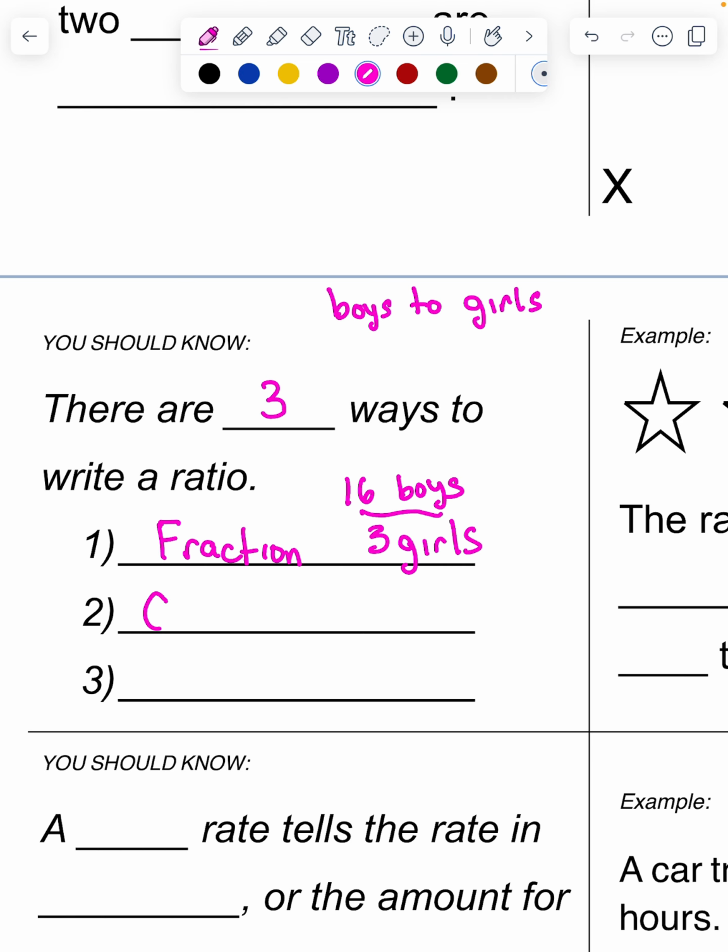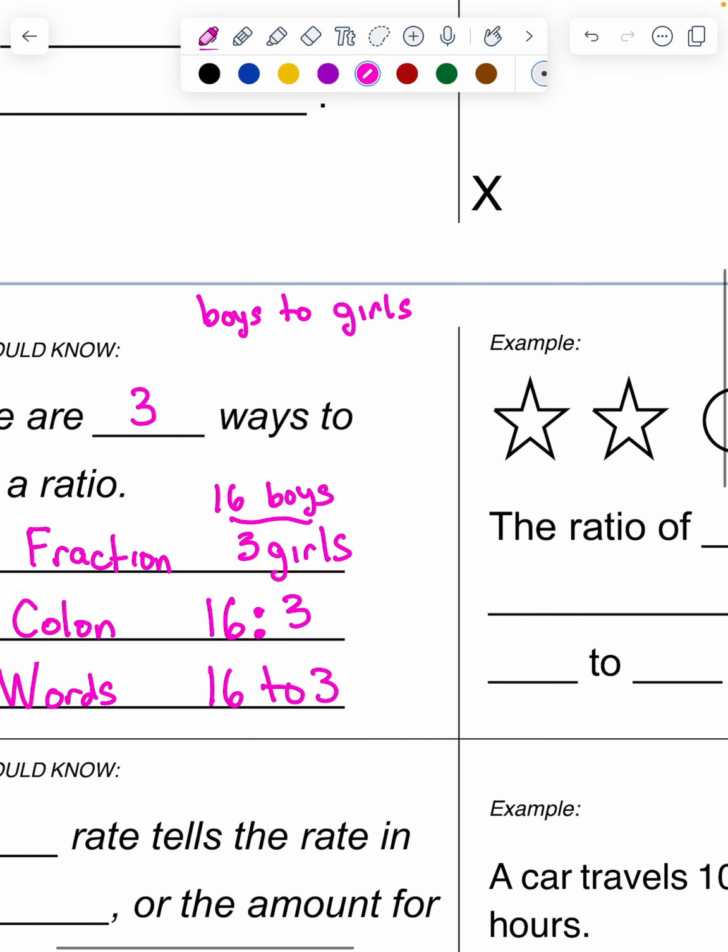I can also write the ratio with a colon, 16 to 3. And I can write it in words, 16 to 3. When you are writing it as a fraction and you are working with this unit, please be sure to take care of the labels, such as boys and girls.